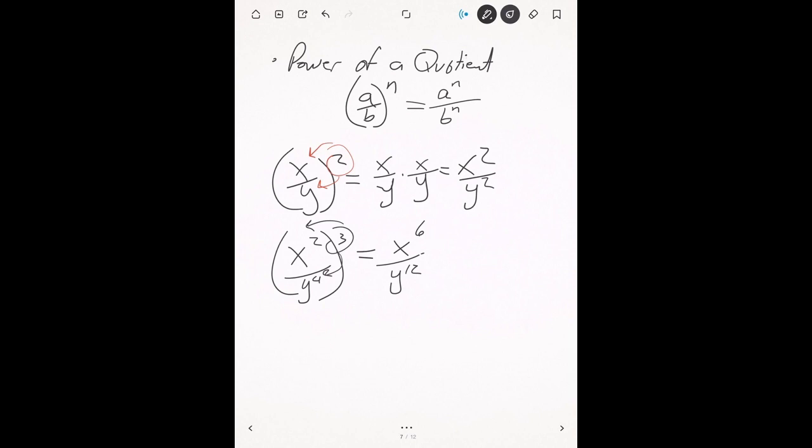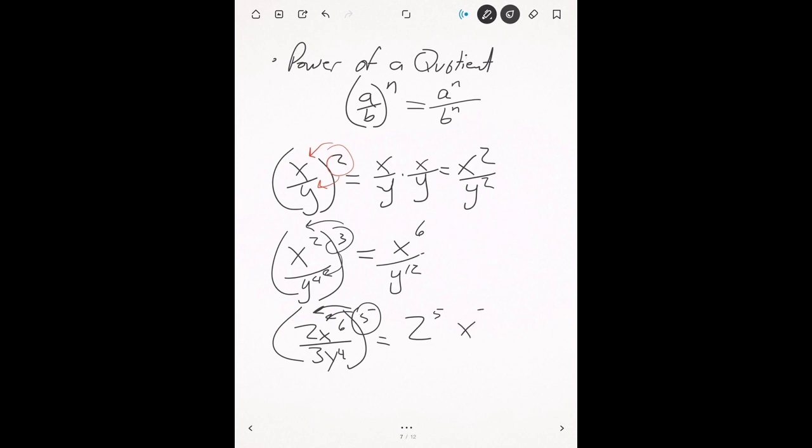And let's try one more for good measure. 2x to the 6th over 3y to the 4th. This whole thing to the 5th power. So we're going to have to apply this in a couple different ways. First, we're going to apply it to the numerator, and that means I have to apply this 5 to everything in the numerator, number included.